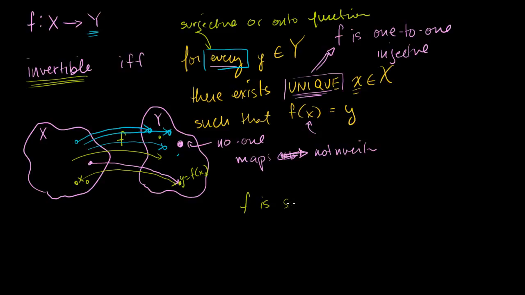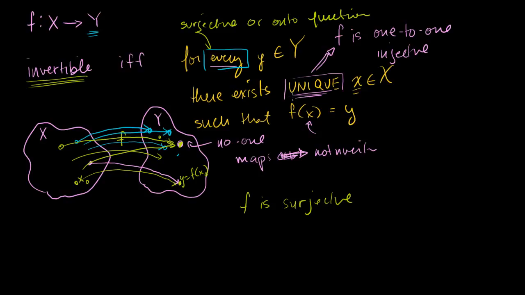F is surjective. If we just said that f is surjective, that means everything here is mapped to, but maybe this one right here could be mapped to by more than one. Surjective by itself doesn't make the condition that there's a unique mapping from a member of x to that element of y.